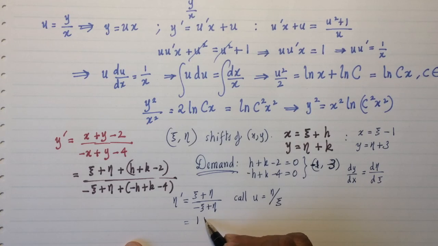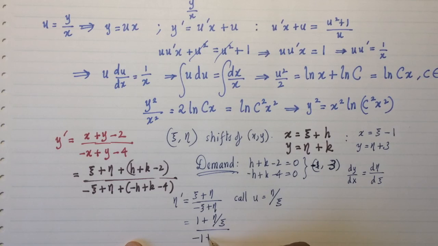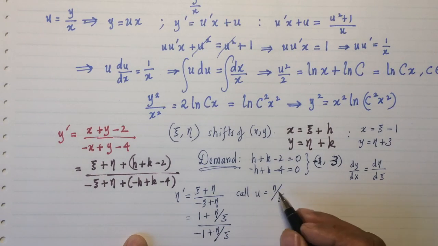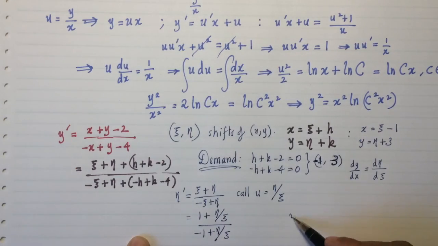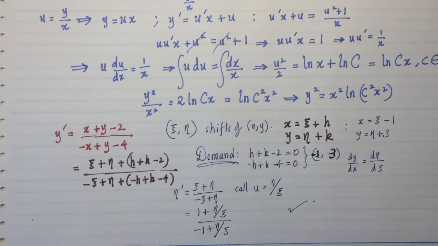So I get 1 plus eta over zeta over negative 1 plus eta over zeta, and then you call u equals eta over zeta, and then you proceed exactly as you did over there. So this is the shifting trick you have to do as a prelude to the full procedure that you had in the previous problem.